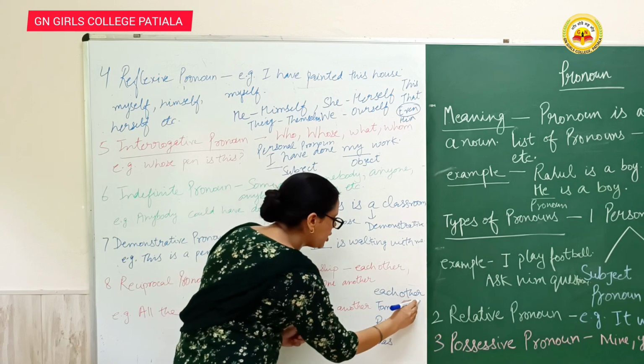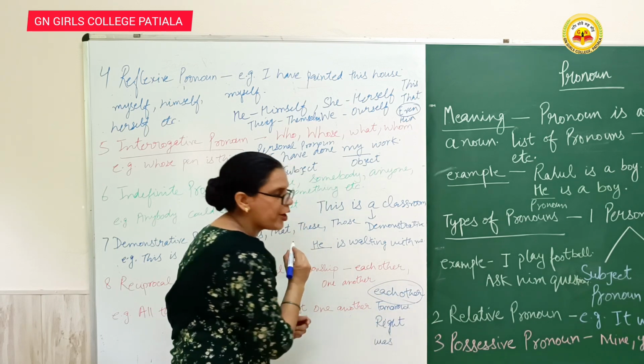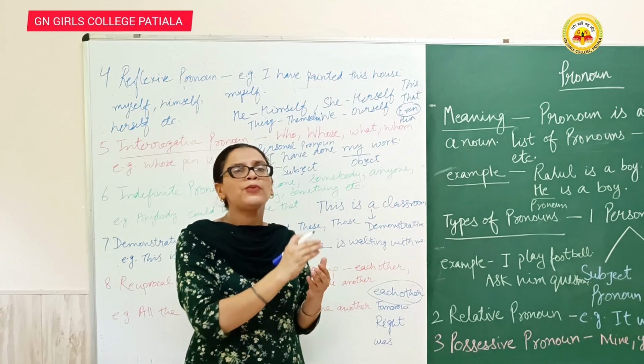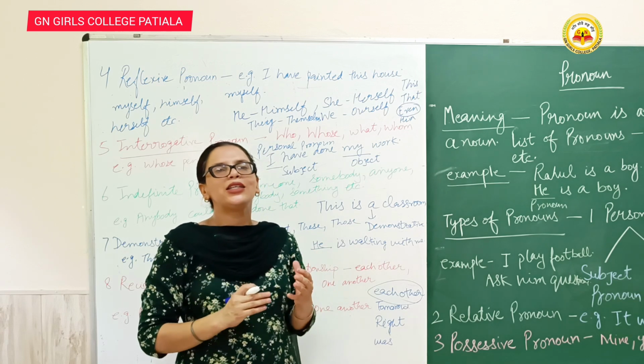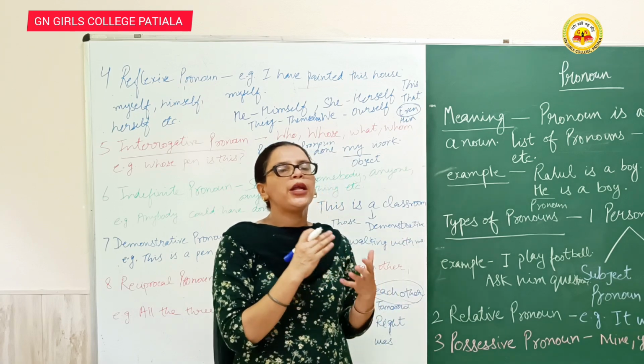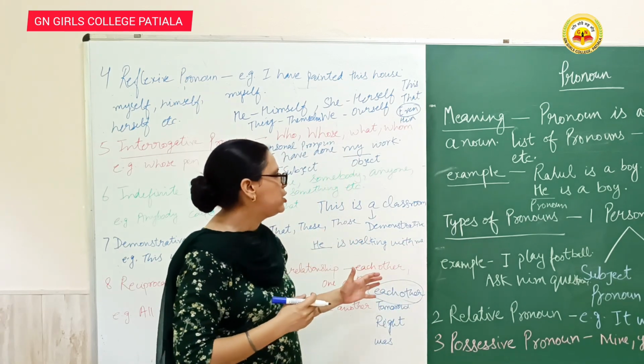Here each other is a pronoun. When you come across the list of pronouns and types of pronouns, then you can understand which type of question is being asked, and you will be able to reply like this.